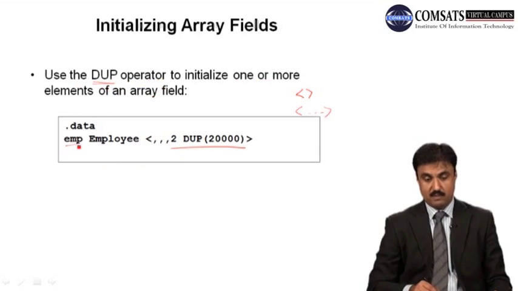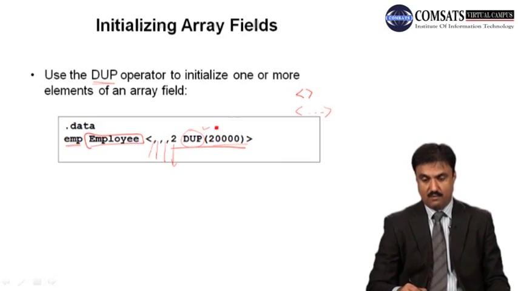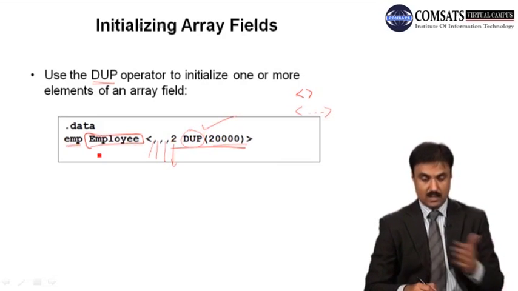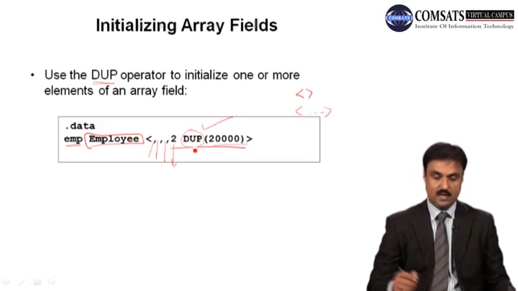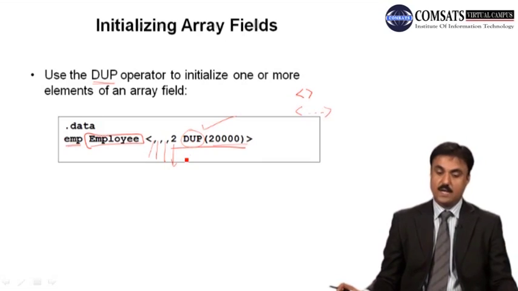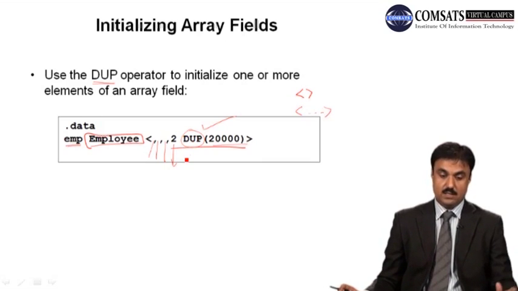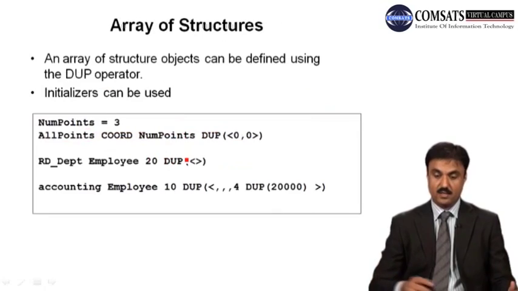Here we're using EMP of type employee. We are not using anything for the first 3 members. For the fourth member we are using 2 times duplicate to 20,000 and so on. So this will initialize the last salary history array. You can initialize by using duplicate and so on. In case of employee, as we know there are 4 elements inside that one, so we can duplicate twice.